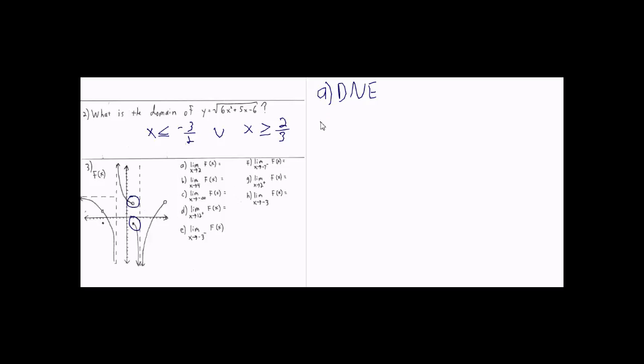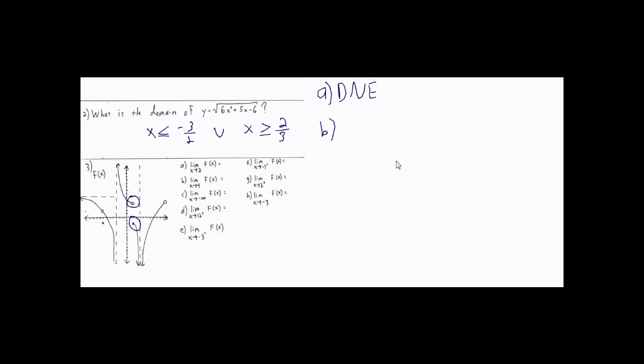For b, limit as x goes to 4. Where's 4? Probably that asymptote there. I should make this a little bit bigger somehow. I don't like that. How do I get rid of these guys? Oh well. 4 is this asymptote. And you can see on both sides, both of these parts of the graph are going down to negative infinity.